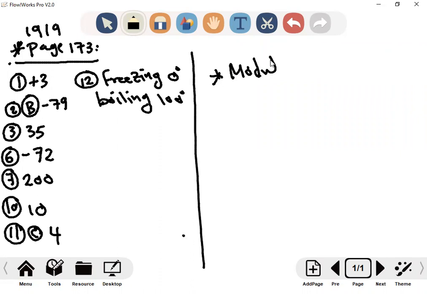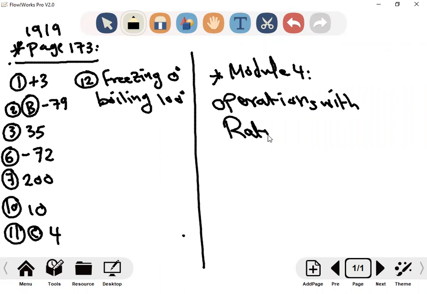Module 4, which is operations with rational numbers.